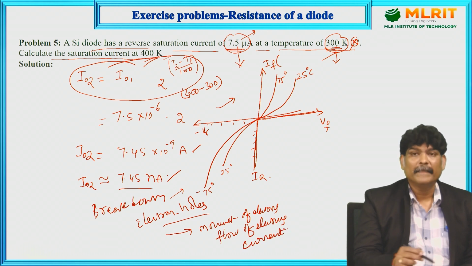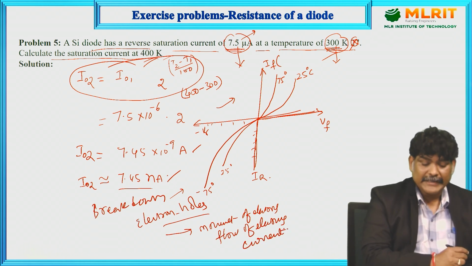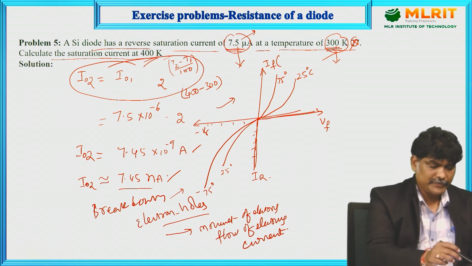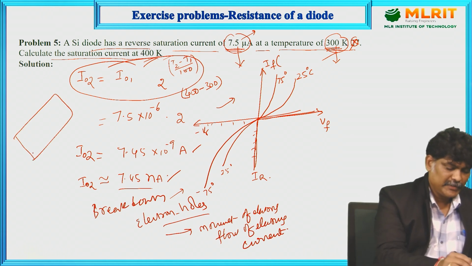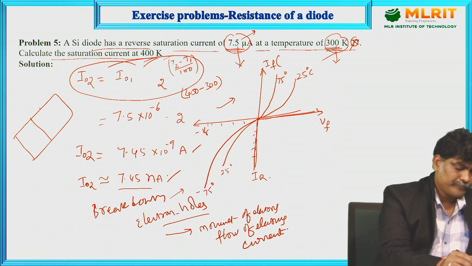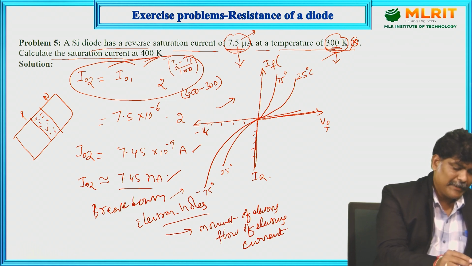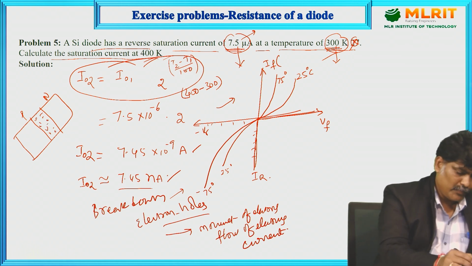But in this, the temperature particularly affects the immobile ions. If you see, this is your PN diode, P type, N type. Immobile ions will be present here. We know that the potential barrier is there.